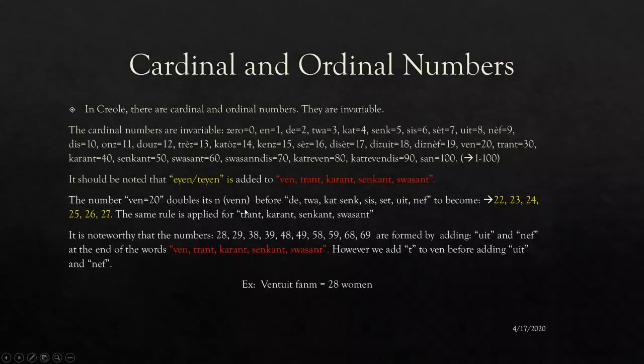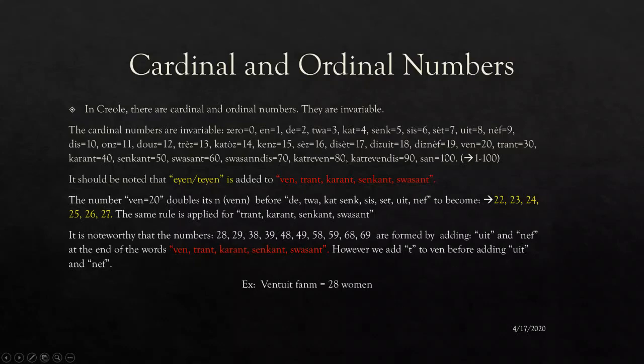You have to take off that N and replace it by T. It is noteworthy that for the numbers 28, 29, you have to change that N into a T, and then add 8 and 9. So from 20 to 20, then you add 28, 29.